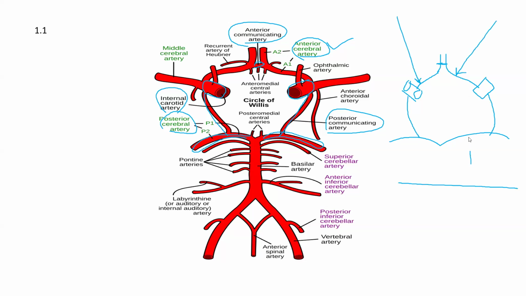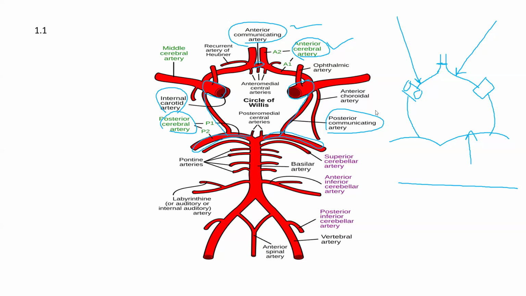What are these structures? You have to tell. What are the structures forming the circle of Willis? Internal carotid artery, posterior cerebral artery, and the anterior cerebral arteries. These arteries are connected, otherwise communicating, through the posterior communicating artery and the anterior communicating artery.